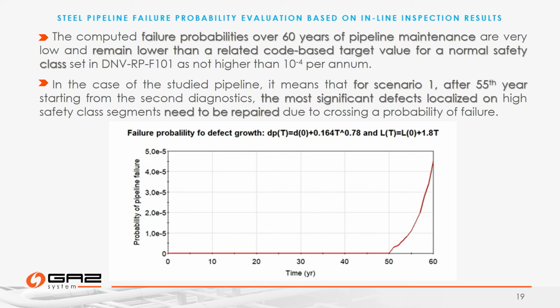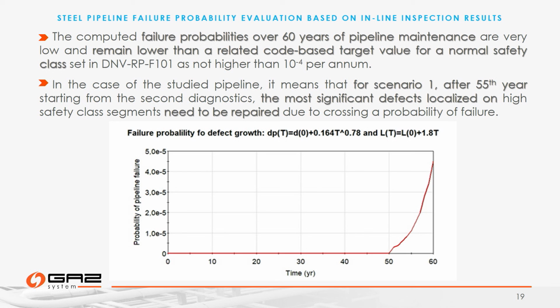These equations are for scenario 1. Also, when the defect depth is described by power law function and defect length has the highest value described by this equation, we can show the rapid aging process of this pipeline, which is typical for the underground assets affected by corrosion.